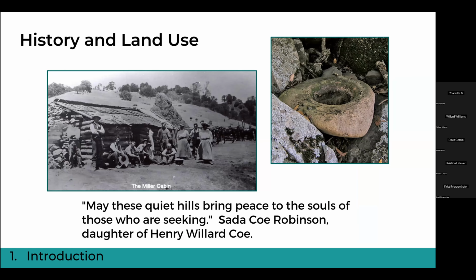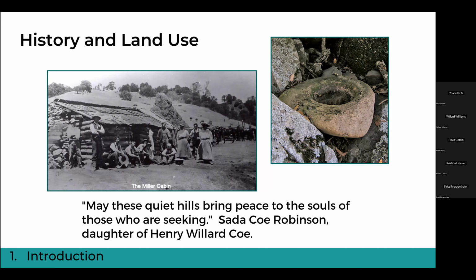The history and land use of the park is also quite interesting, and there are a few books on this if you find interest in it. But of course, we had indigenous people that roamed this park, originating both from the Central Valley and from the coast, that used to forage here and hunt here. And some relics of that can be seen in terms of mortars and pestles. And then later on, Western settlers came. They put up ranches. They farmed.